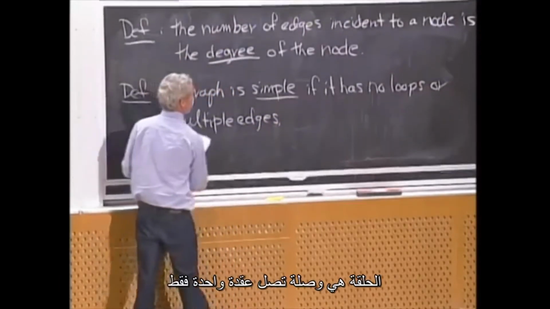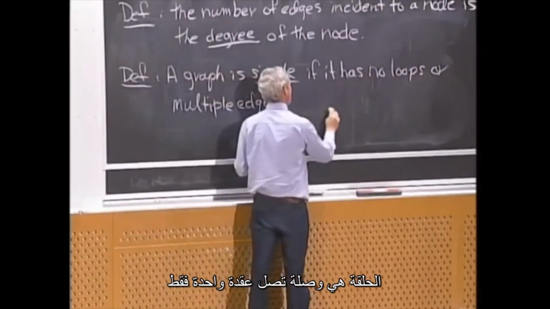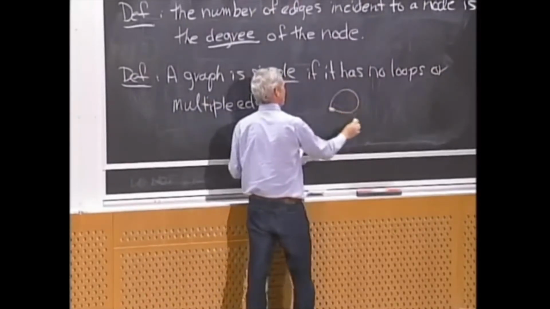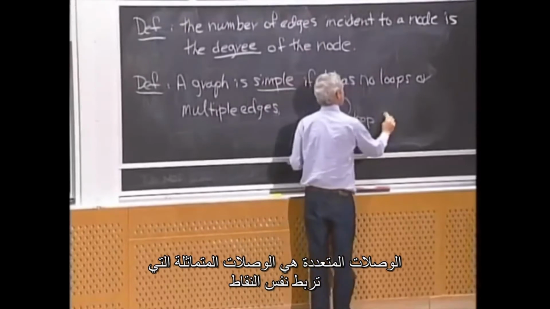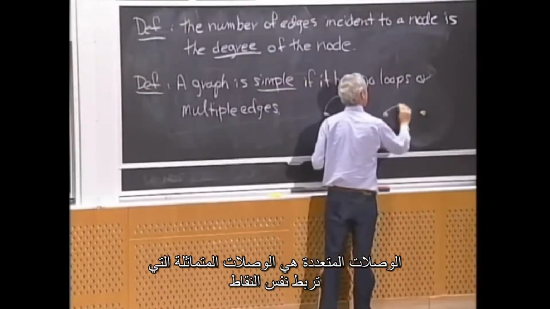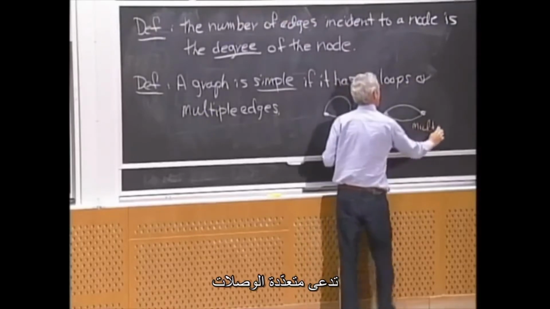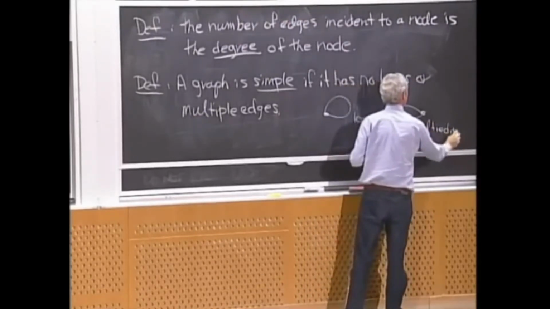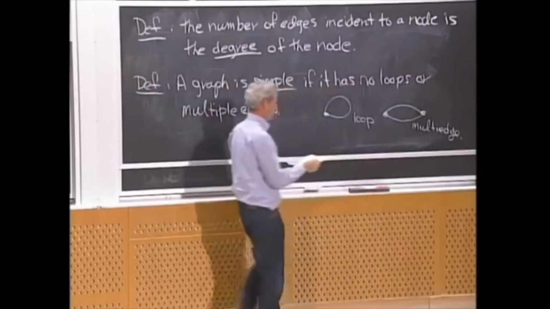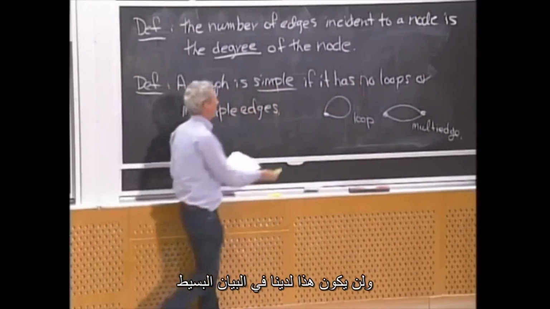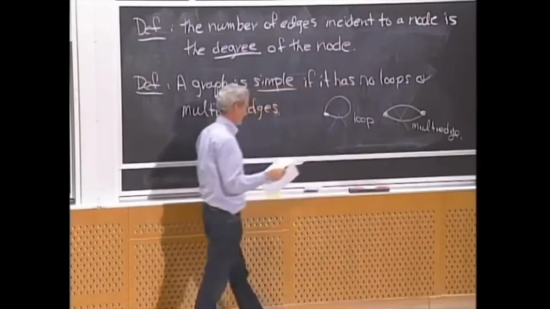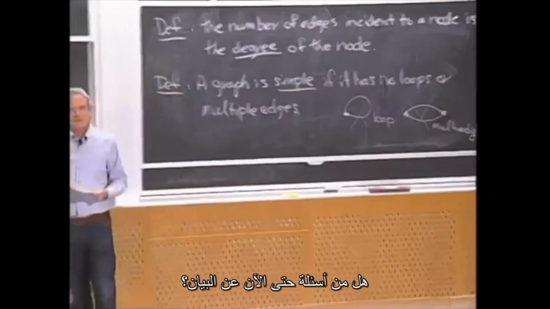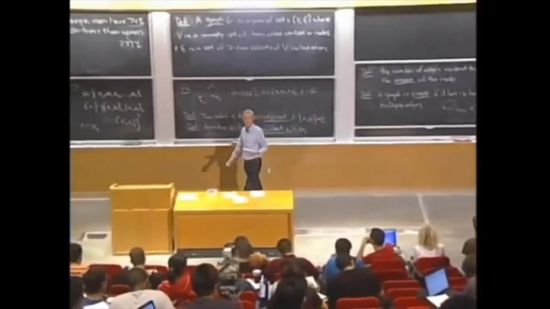Now, a loop is an edge that only connects up one node. That's a loop, and we don't allow it. A multiple edge is where you've got two edges that are really the same, that connect the same endpoints. Also called a multi-edge. And those we're not going to have in simple graphs. We don't allow this. We don't allow that. Any questions so far about what a graph is?